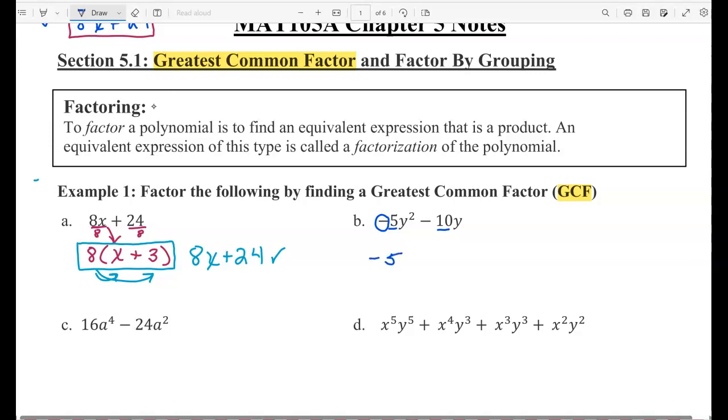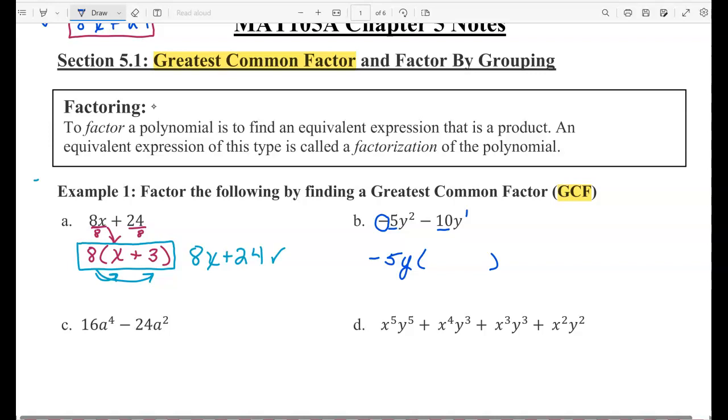We also notice we have a y squared and a y. So if a variable appears in every single term, then we can factor one out, and we want to take the exponent that is the least. So we see this as y to the first and y squared. Y to the first is the least, so I will take that out. And then I'm going to set up my parentheses.